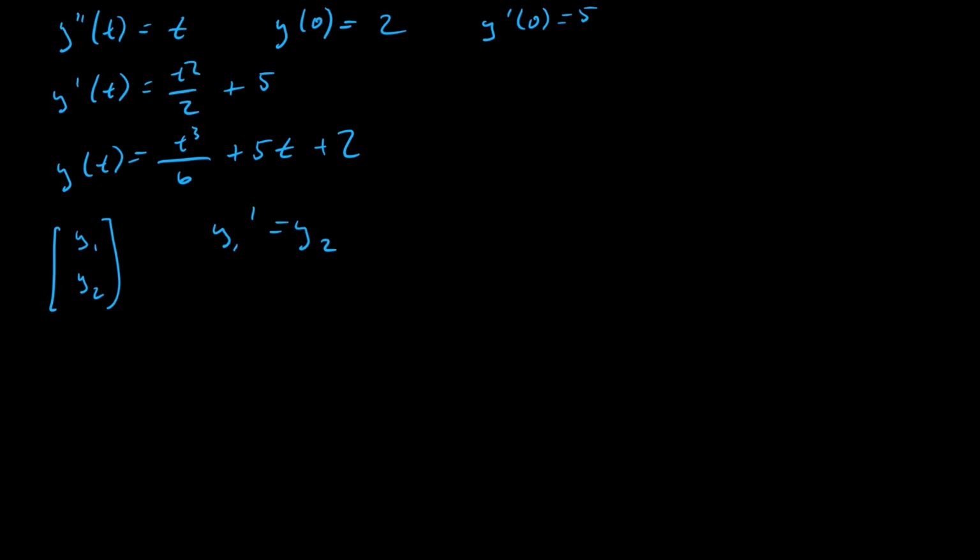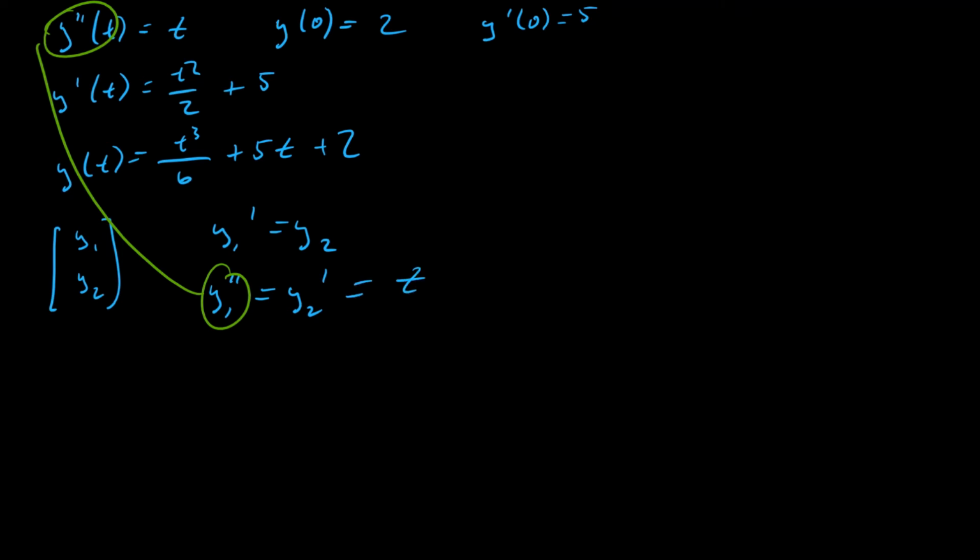Okay? And so now we can take the derivative of these two, sorry. So where we have y1 double prime is equal to y2 prime. And we can say that y2 prime is going to be our original equation, y double prime, right there. So that will be equal to t.